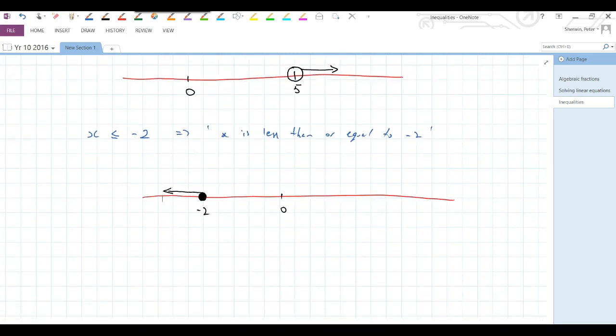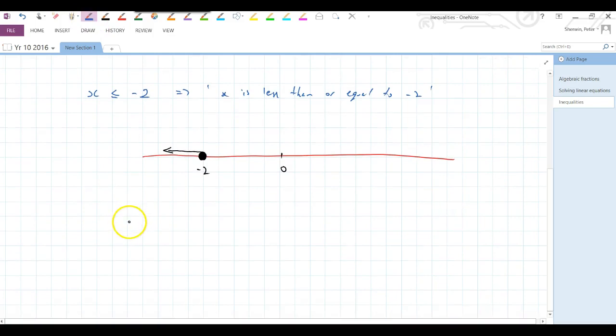Other inequality signs, we're not going to look at the not equal sign. The only other one we need to look at really is when x is between two values. Our inequality signs always face the right because we go from smaller to larger. So let's say we're going between 1 and 5.